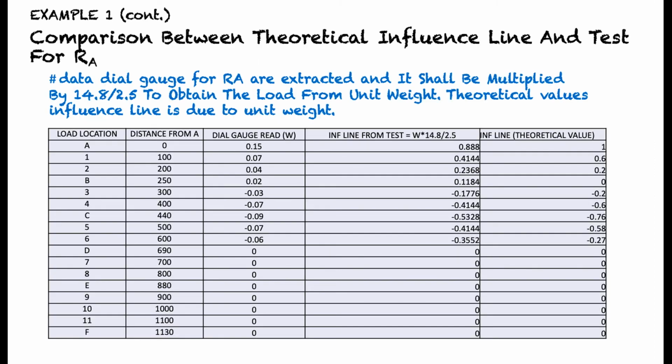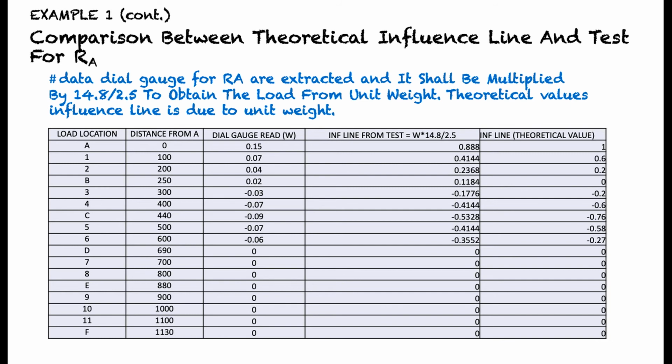Thus, we create a new table by putting the load position, the distance, and the reading from the dial gauge at support A, and then we calculate the influence line due to the gauge reading. The gauge reading here must be multiplied with the constant 14.8 and then divided by 2.5.